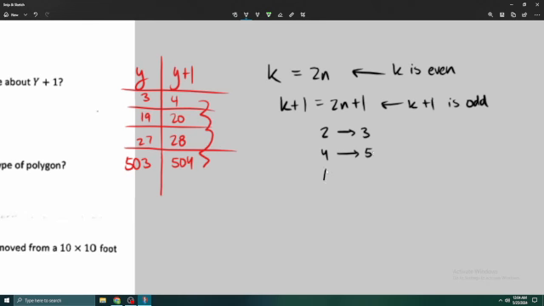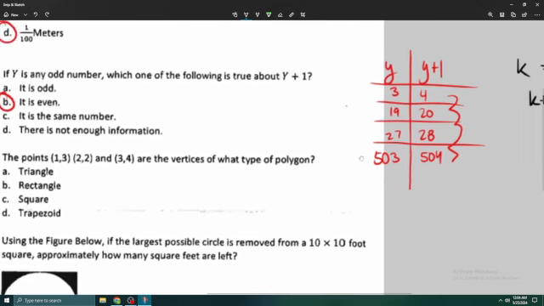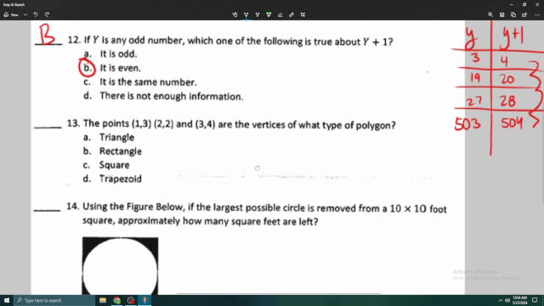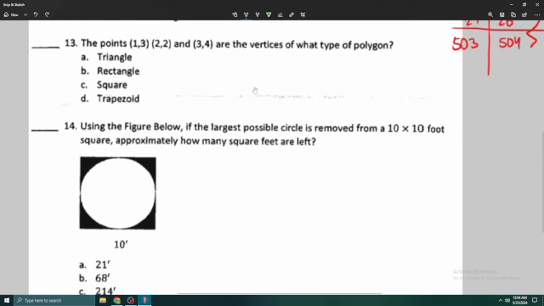If k was 6, 2 times 3, and k plus 1 would be 7, and so on, forever. I kind of did it backwards, but it still works. So in this case, if y is an odd number, y plus 1 would always be an even number. It looks a lot trickier than you think, right? I'm going to tell you the answer is A.